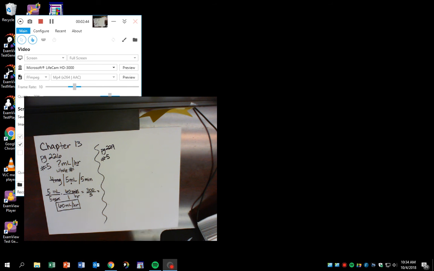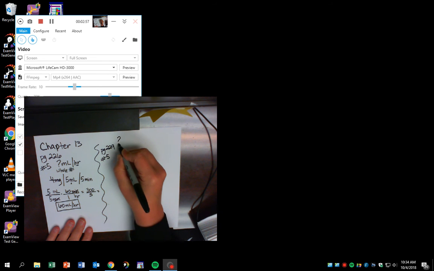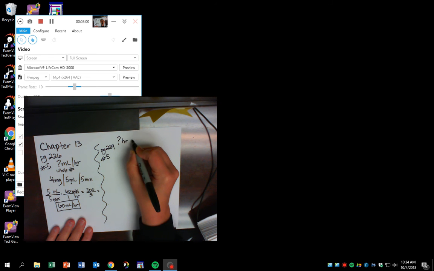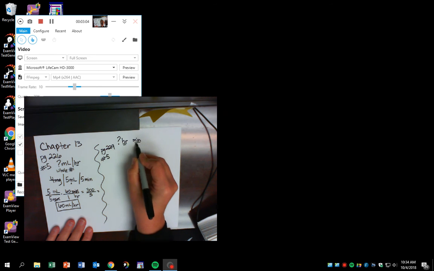And again, do these just the same way every time. Number 5 tells us to calculate the infusion and completion times for these IVs. So an infusion and completion time, in that case, we're going to be solving for hours and minutes. So that's what ultimately we're going to be solving for.